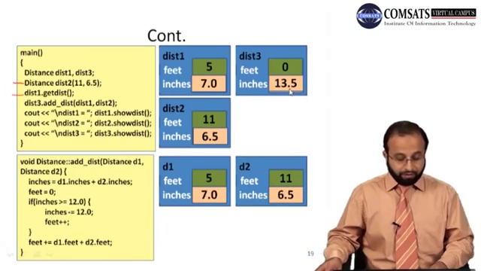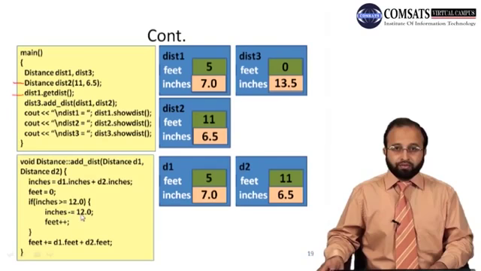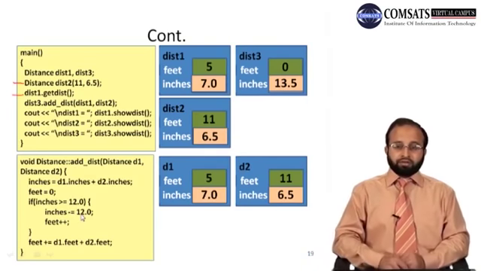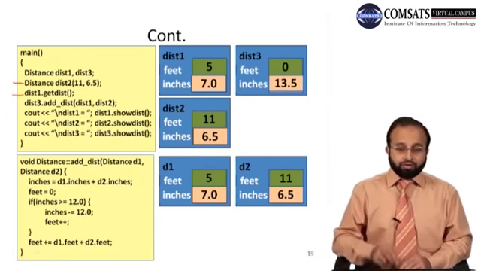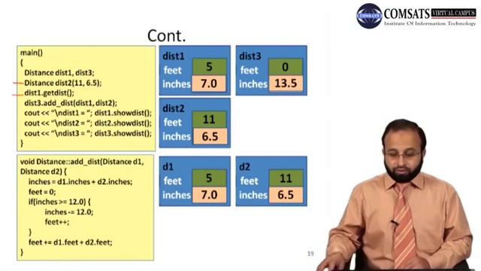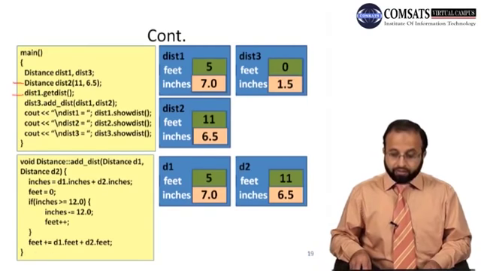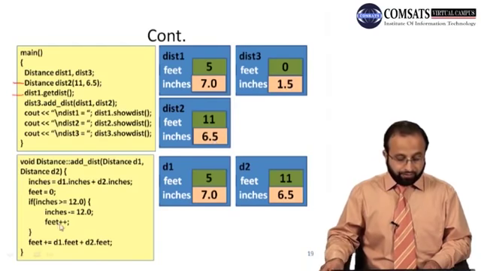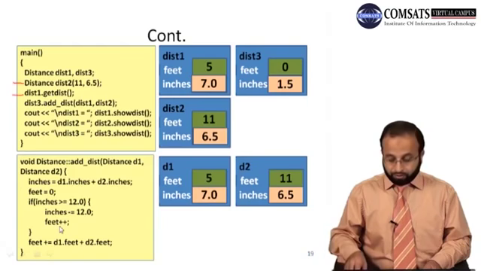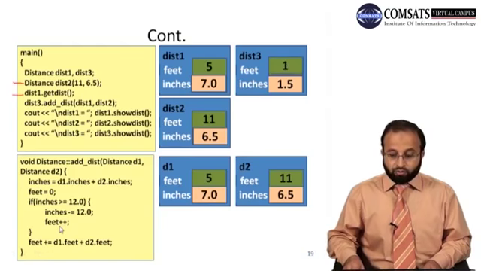So we execute this statement, inches minus equal to 12.0, which is the same as inches is equal to inches minus 12. So you are subtracting 12, the remainder is 1.5, that is written in inches, and then feet plus plus. So the value of feet was 0, now it is 1.